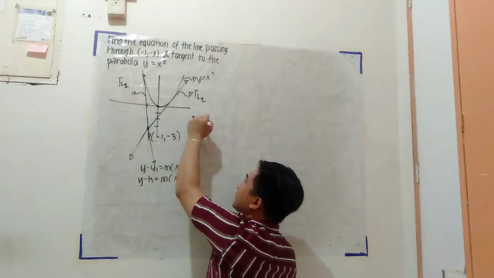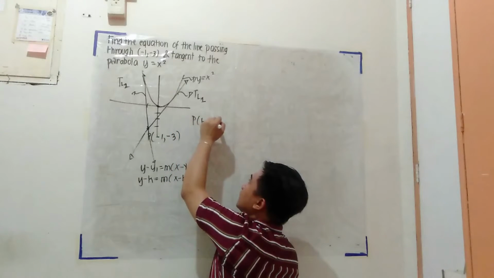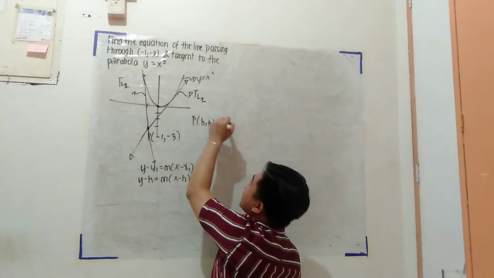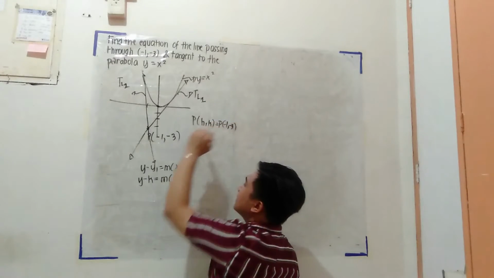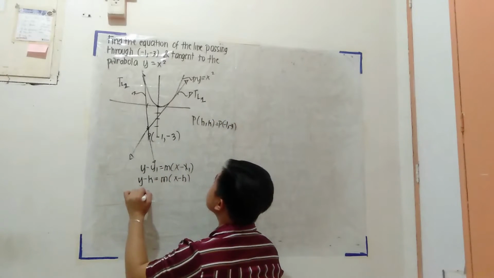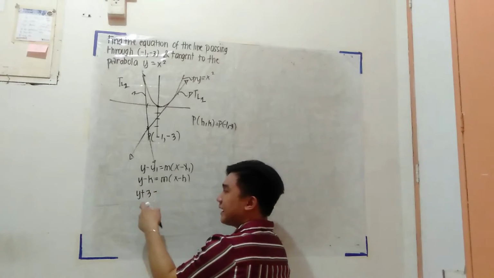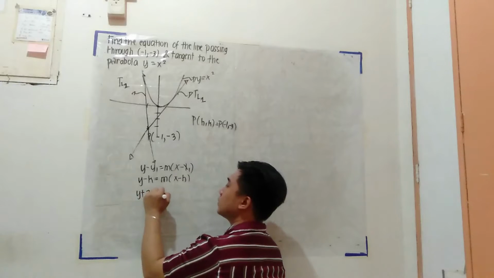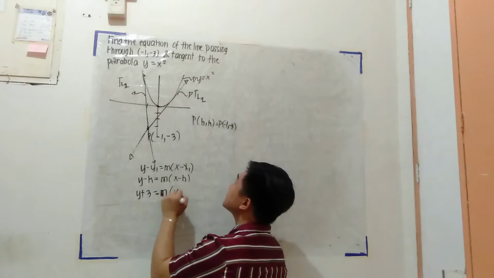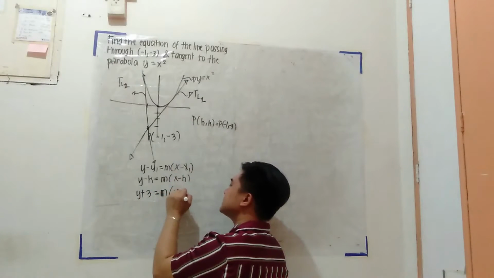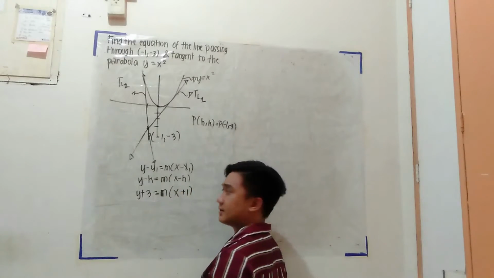Binigyan tayo ng (h, k), which is (-1, -3). So, this is y minus negative 3 or y plus 3, kasi minus negative 3, equals m times x minus negative 1. So, x plus 1.